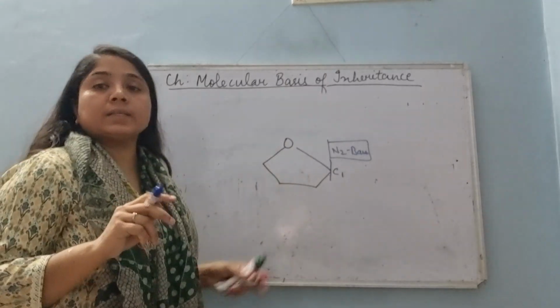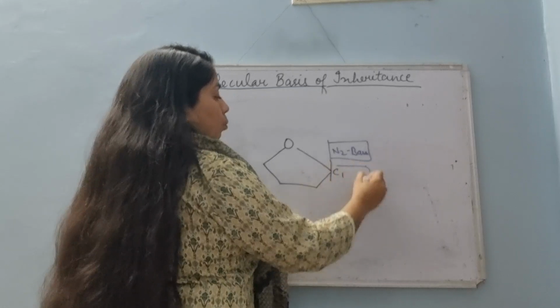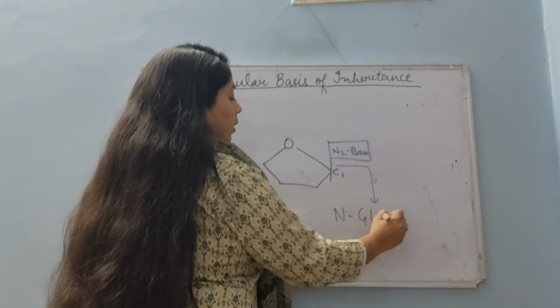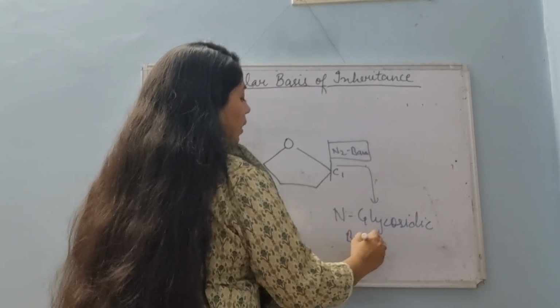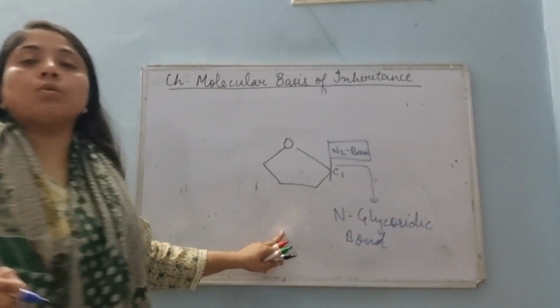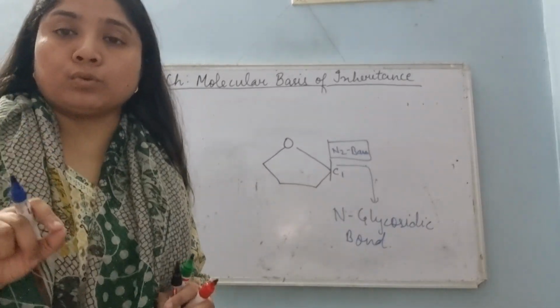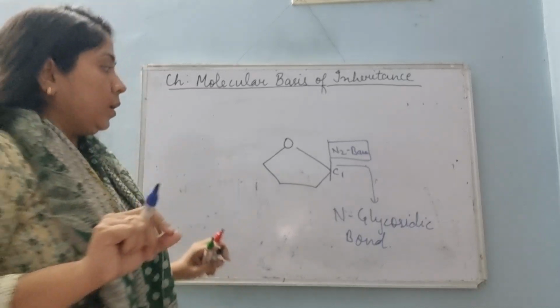Nitrogenous bases are attached at the carbon 1 position with the help of a bond named N-glycosidic bond. So the nitrogenous base is attached on carbon 1 of pentose sugar with the help of an N-glycosidic bond.